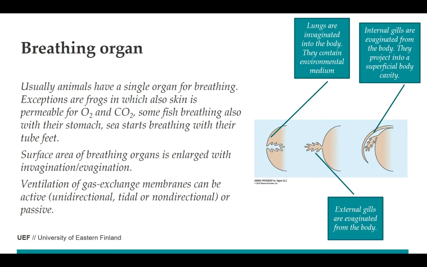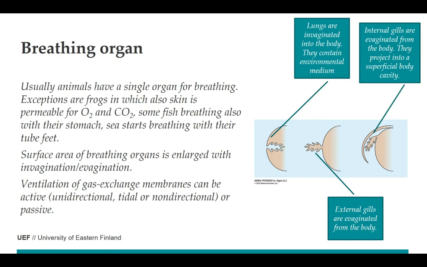And in the previous videos, we were already discussing that we have unidirectional flow, so the water is flowing in one direction in the gills, or we have tidal flow, meaning that it's going inside the lungs and then out from the lungs, etc. And in some cases, animals don't have a constant flow in one direction, or that kind of tidal space like the lungs, but they just have the gills there.